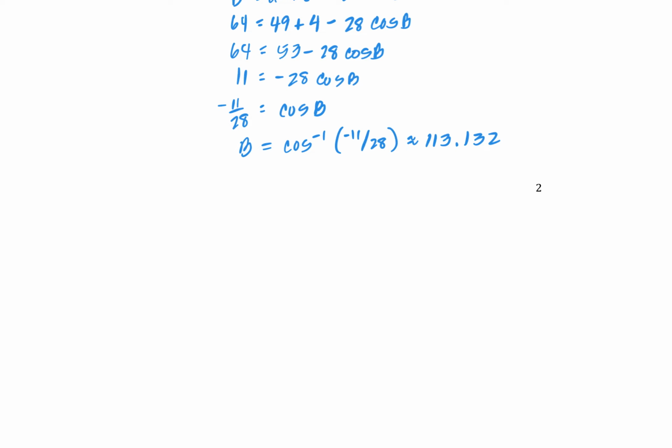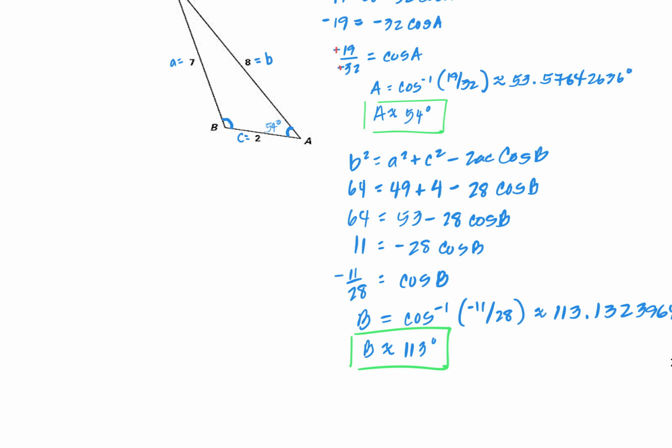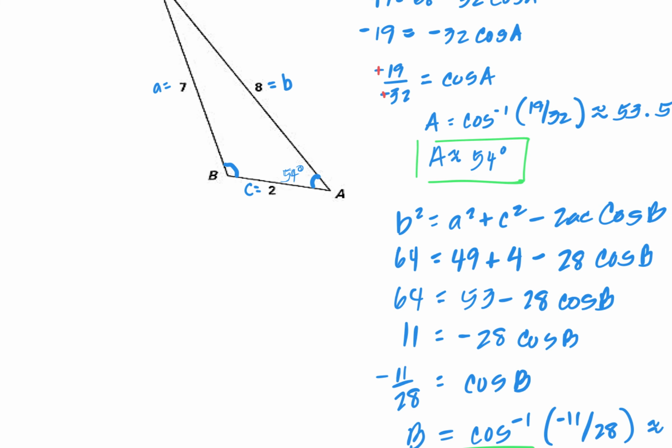It makes sense, which means angle B is approximately 113 if I round it to the nearest whole number. Again, I'm going to go back to my triangle to see if that makes sense. Largest side is B, so 113 as the largest angle makes sense.